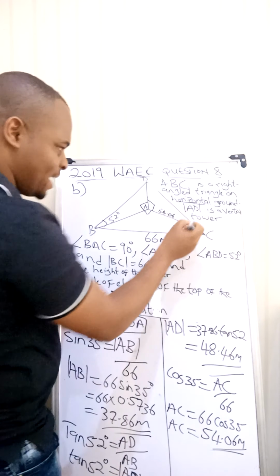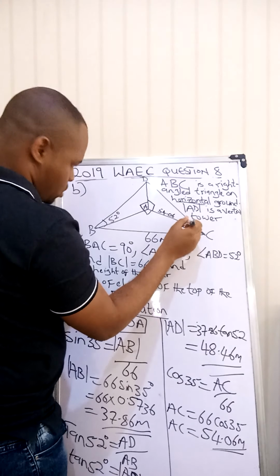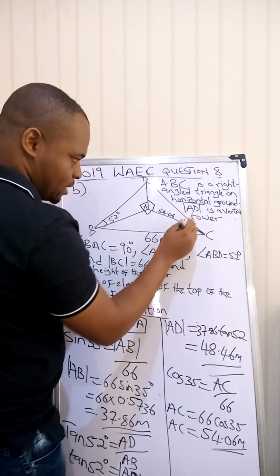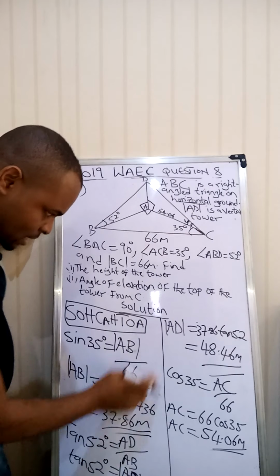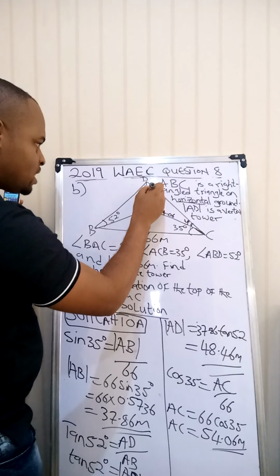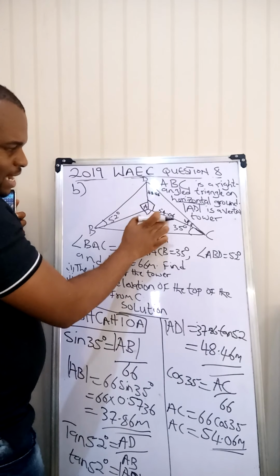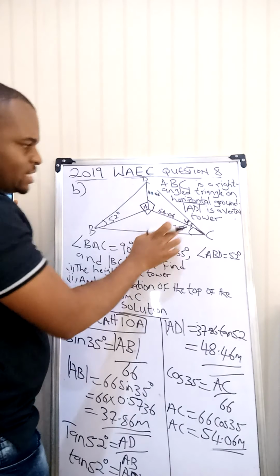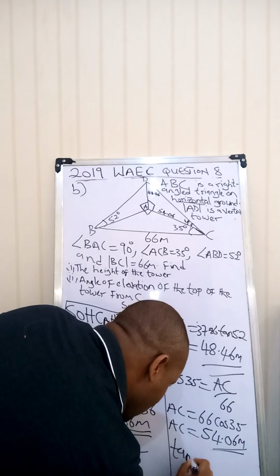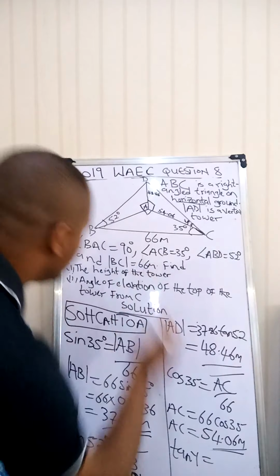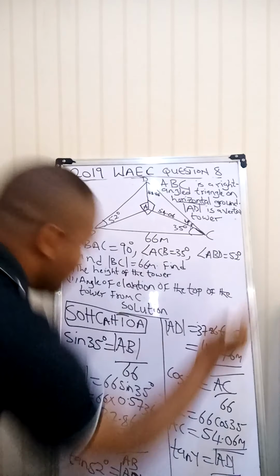Now I've gotten this as 54.06. We don't know what this angle is. Let's call it angle Y. Now I've gotten this and I've gotten this. What did we get our AD as? Where did we solve it? 48.46. So I'm combining opposite and adjacent, because this is my hypotenuse, the side facing 90. So I'll be having tan Y equal to opposite, which is line AD, all over adjacent AC.